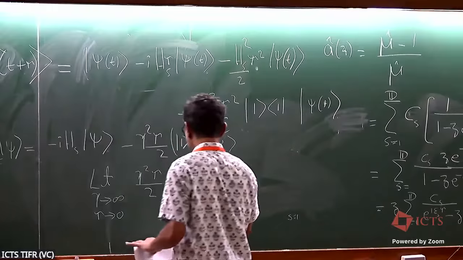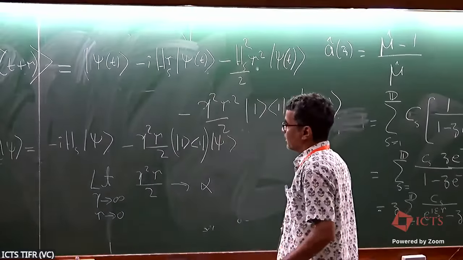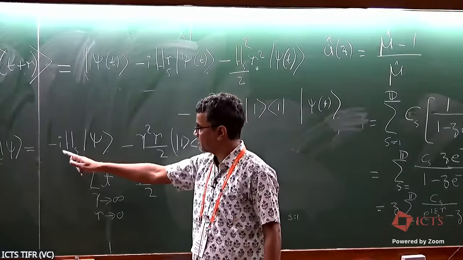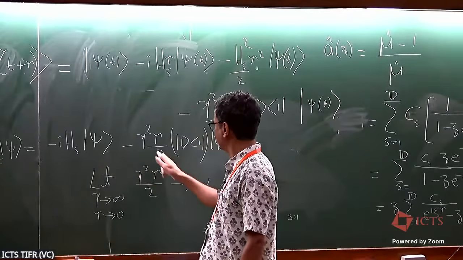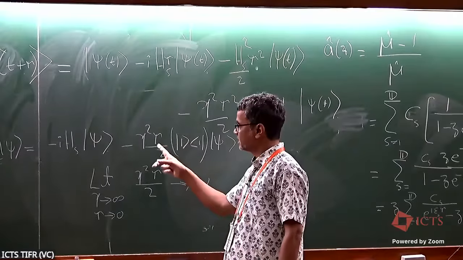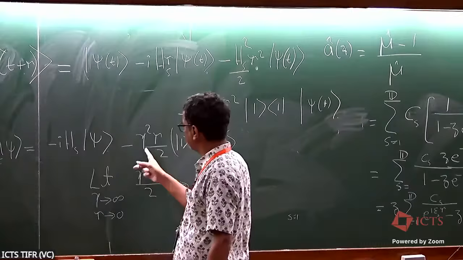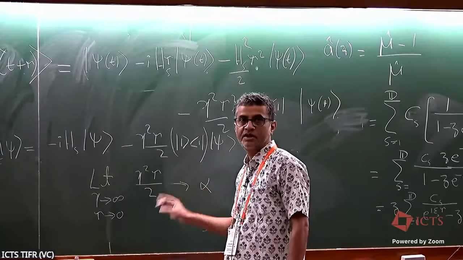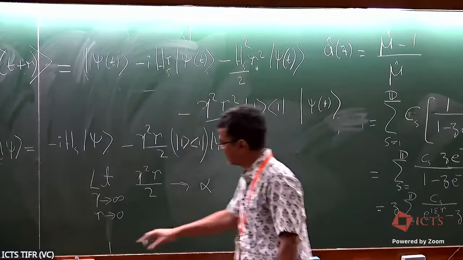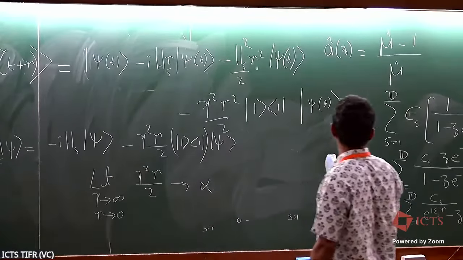Keeping this constant, let's call this alpha. Then we have minus i H_S and then some new term in the Hamiltonian, and since there's no i, it's a non-Hermitian term. So let's write this equation more carefully.